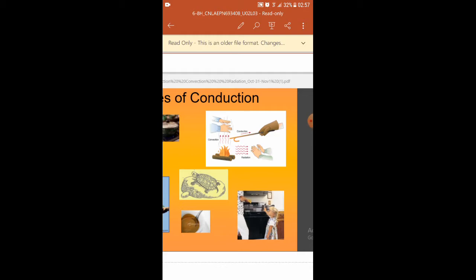The radiation goes down from the flame to the object, and it can also be by convection and direct contact, when this man's hand holds the stick, as you see, by conduction.